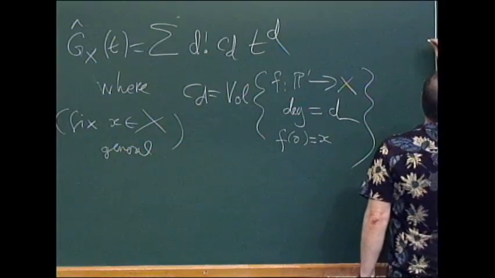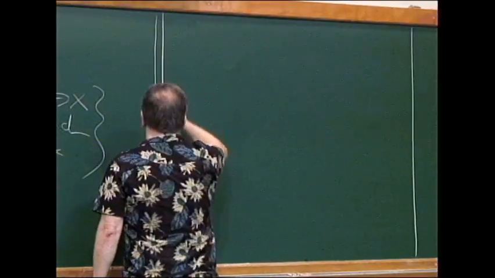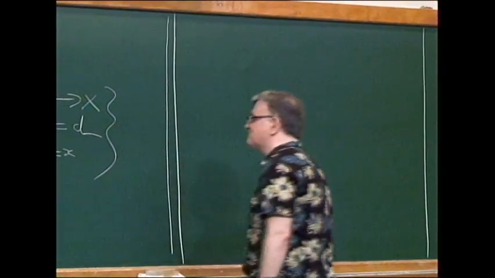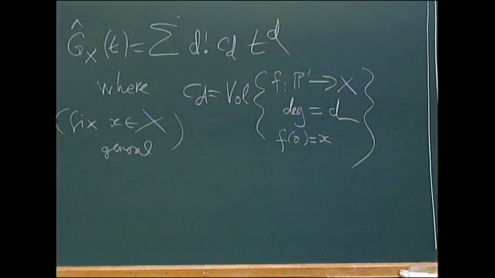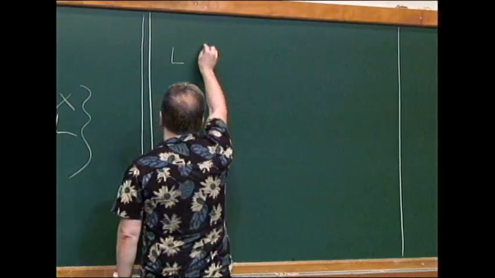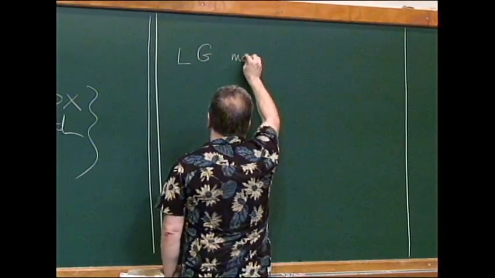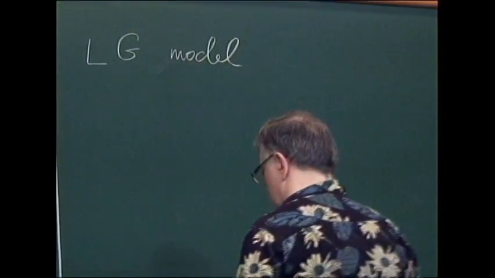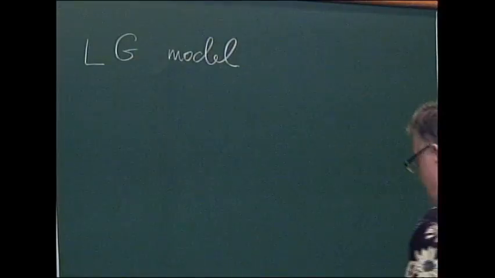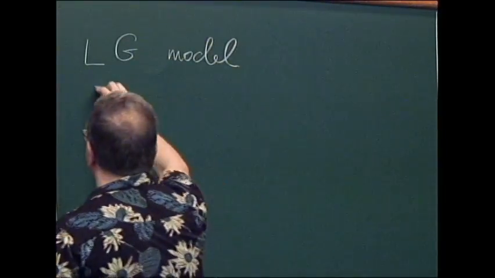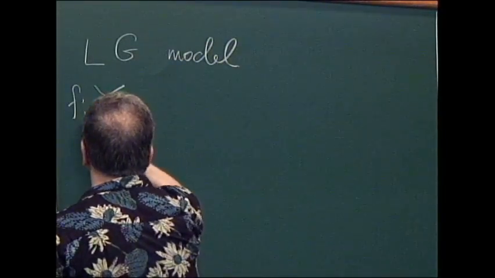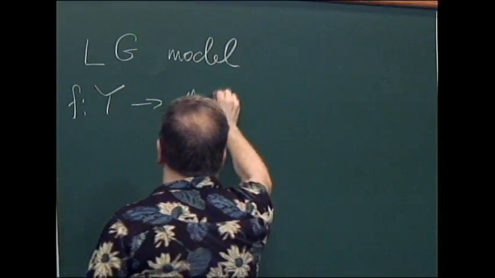And so this is the mirror here. So let me draw two lines. The mirror of a Fano is an LG model. And that's just a variety Y together with a function f to A1.